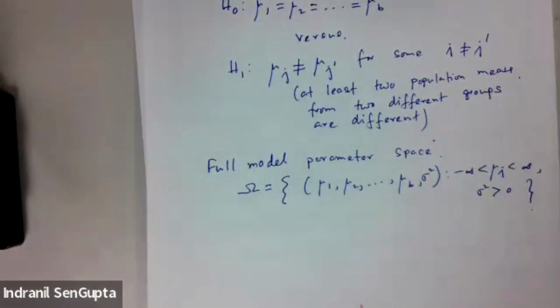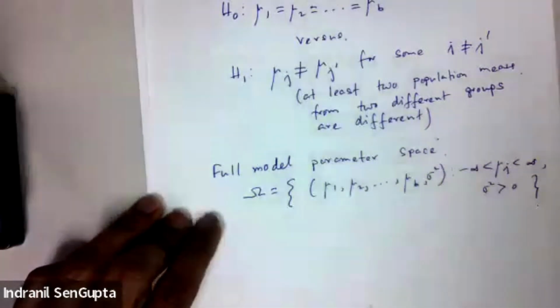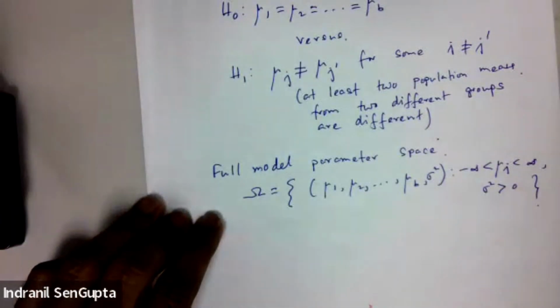Okay. So that's the full model parameter space. Because these are almost all the values of the parameters.